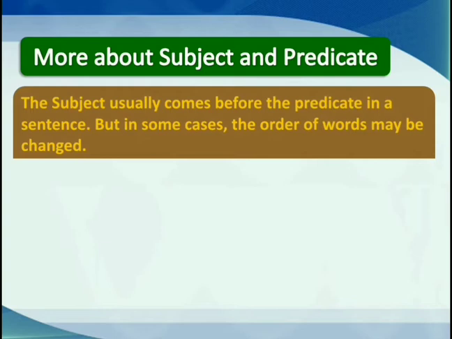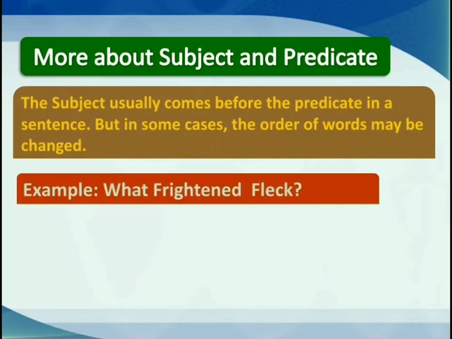Over here we have seen the subject comes before the predicate, but in some cases the order of words may vary. That means it is not compulsory that the subject will come first. In some sentences, the condition may vary. Let us look at the example.